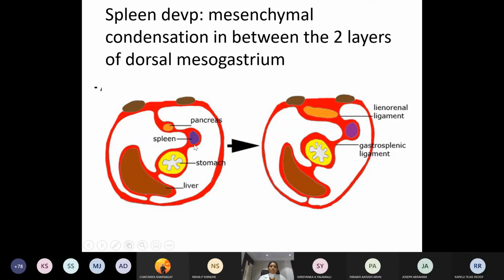That part is going to present as the superior border of the spleen, and usually the superior border will be notched. Why will it be notched? It indicates lobular development of the spleen.